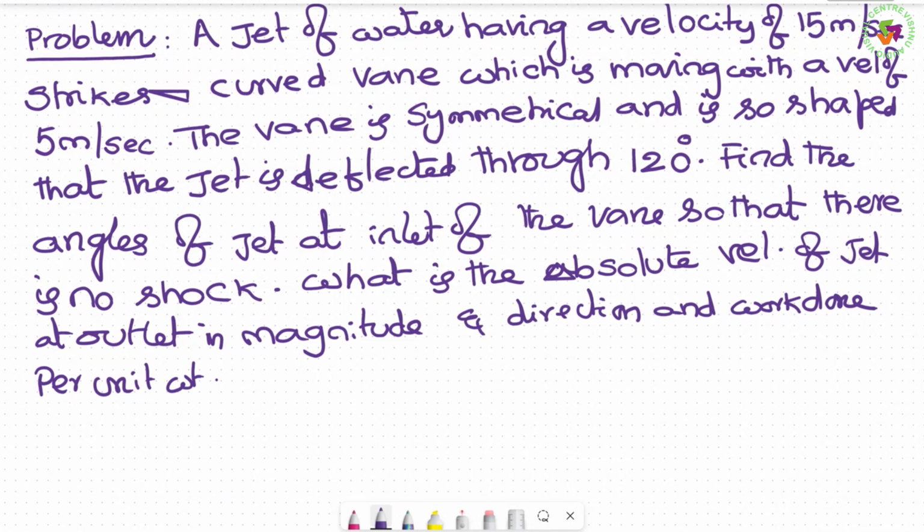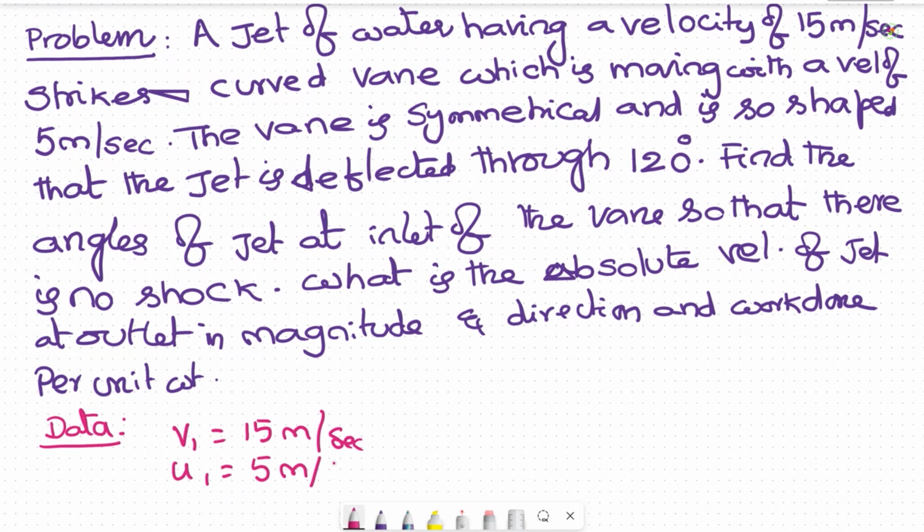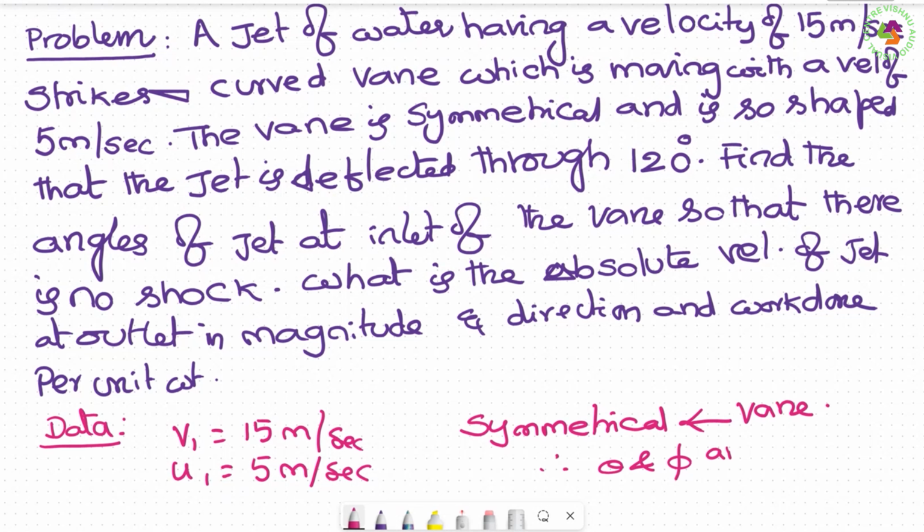So if I observe, a jet of water having a velocity of 15 meters per second, so straight away I can write the data as V1 is equal to 15 meters per second. Velocity of vane U1 is equal to 5 meters per second. The vane is symmetrical. This is very, very important. So therefore, theta and phi are the same.